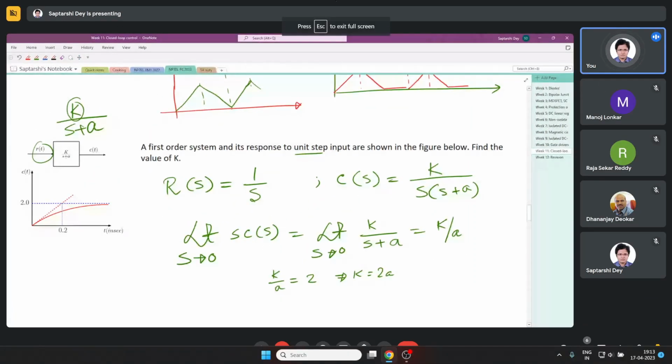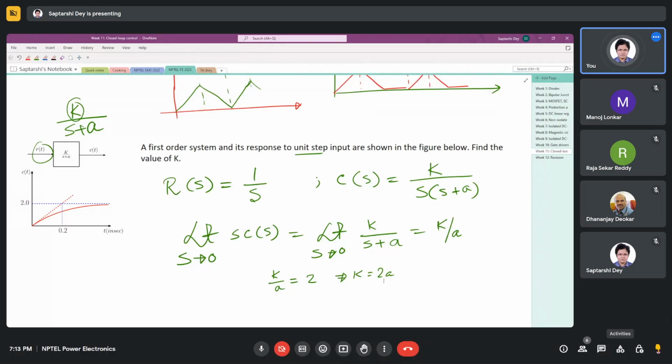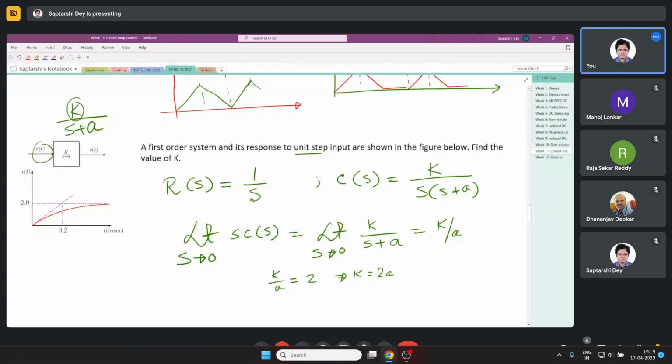So what we are discussing here is this problem. Did I write the final value theorem correctly? So the c(t) comes out to be k by a into 1 minus e to the power minus at, from the inverse Laplace transform.